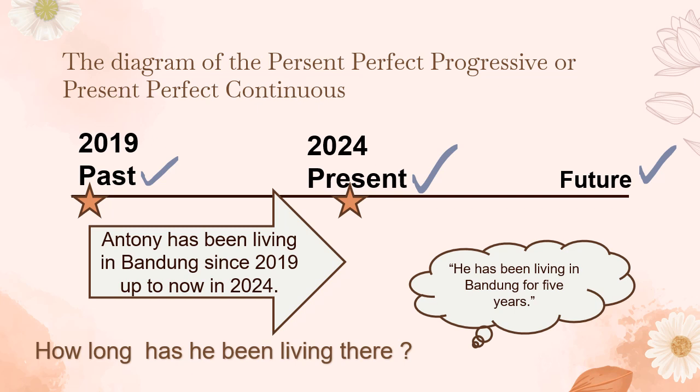Gunakan present perfect continuous untuk menekankan bahwa tindakan tersebut dimulai di masa lalu dan masih berlangsung. Contoh, Anthony tinggal di Bandung sejak tahun 2019 sampai dengan sekarang pada tahun 2024. Sudah berapa lama beliau tinggal di sana? Dia sudah tinggal di Bandung selama 5 tahun.